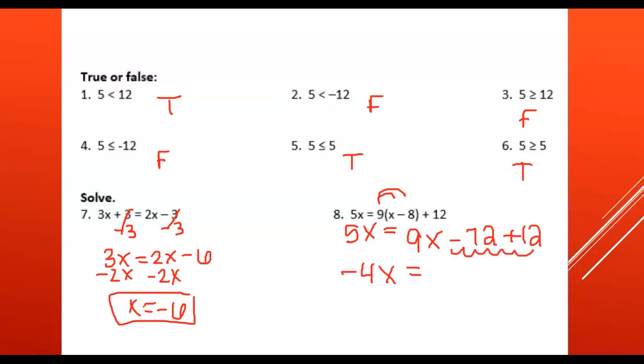Combine like terms, you get negative 60. Divide by negative 4, and we get x is equal to negative 60 divided by negative 4. A negative divided by a negative becomes positive, and 60 divided by 4 is 15.